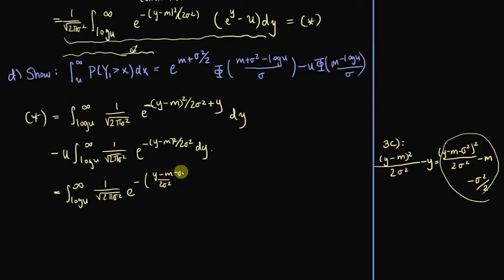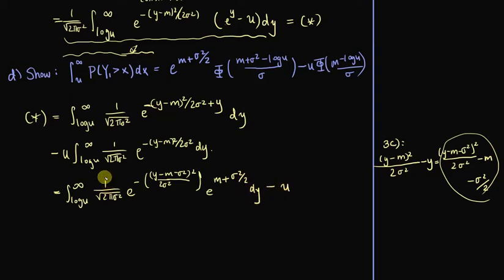Wait, there's also minus sigma squared here, and we take this entire thing squared. There we go. And then you have a minus m minus sigma squared halves, but with a minus in front, so that turns into e to the m plus sigma squared halves dy.